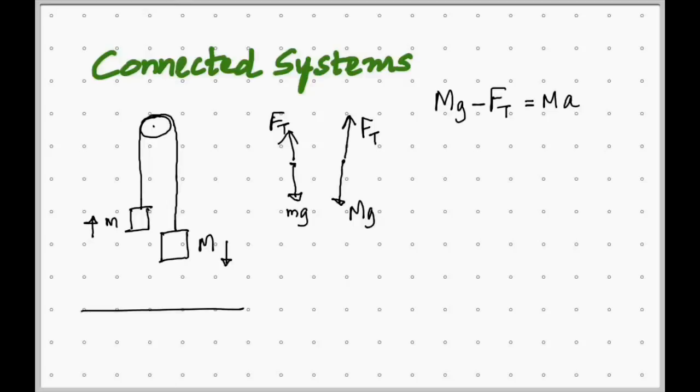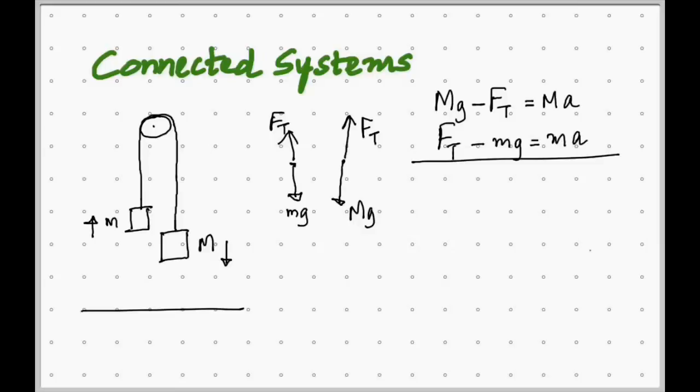When you come to the lighter object, it's moving up, therefore the upward force must be bigger than the downward one. And so again, the net force is equal to m times a. Once you get those two equations, the physics part is over.